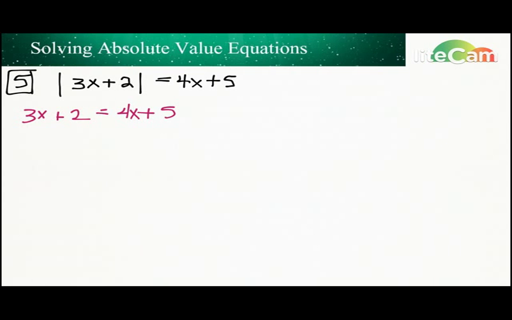And then we'll do 3x plus 2 equals, now this one has to be the negative side, right? Because I know something inside of the absolute value, 3x plus 2, can be negative. So I'm going to put a negative in front of the 4x plus 5 because the whole thing can be negative.